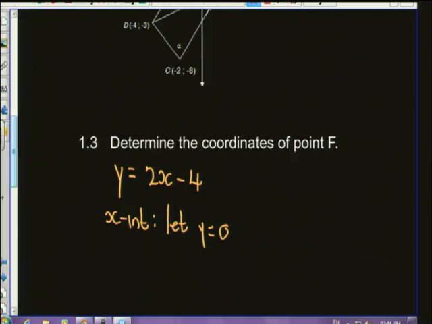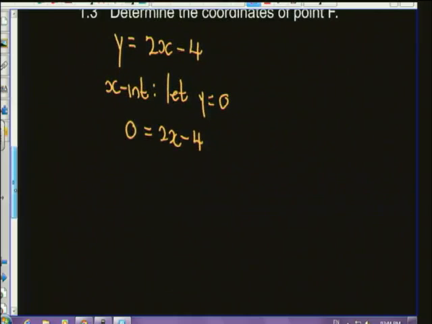So I go back to my equation where I see a y, and I simply replace it with a 0. So 0 is equal to 2x minus 4. There's an easy linear equation solving for x. Take the 4 over: 4 is equal to 2x. Divide both sides by 2 and I get x is equal to 4 divided by 2, which is 2.